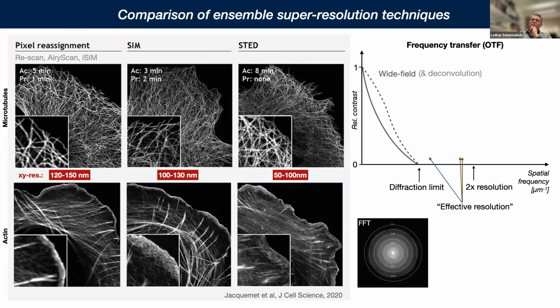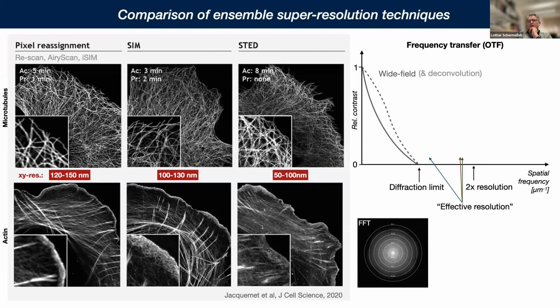Particularly when it comes to very dense features, like the network of actin at the edges of cells, it is distinctively better resolved here.